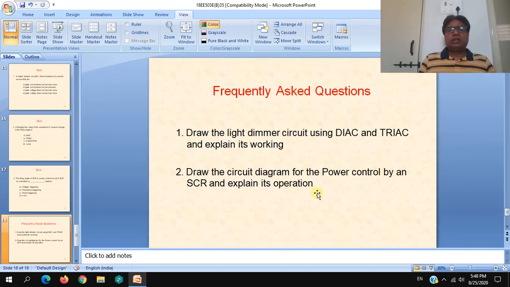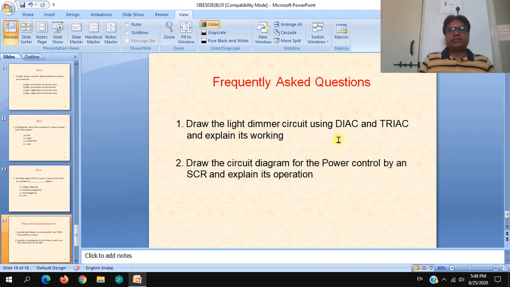So that is for the quiz. And frequently asked questions are, obviously, we will be getting long answer questions asking to draw and explain the working of both light dimmer circuits and any of the power control circuits.